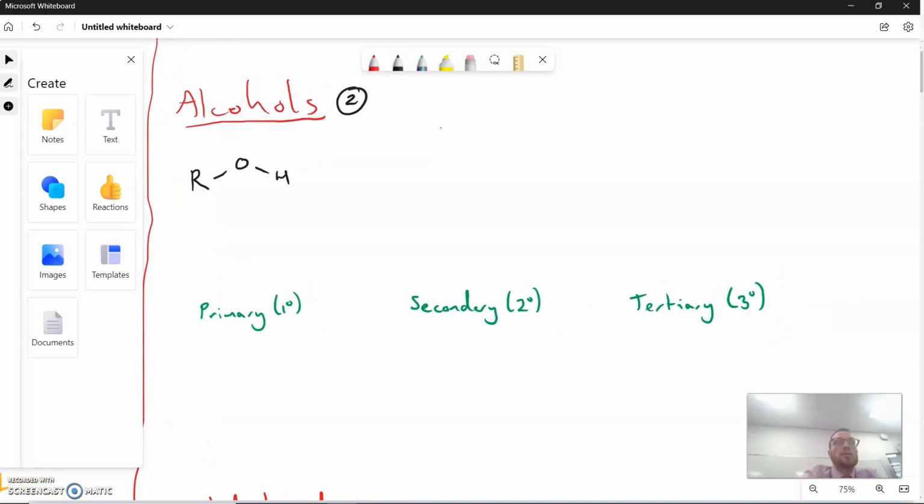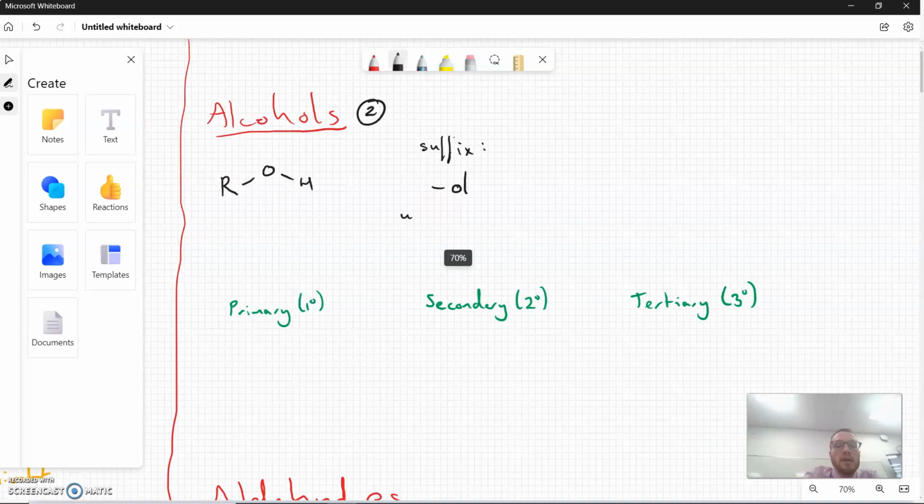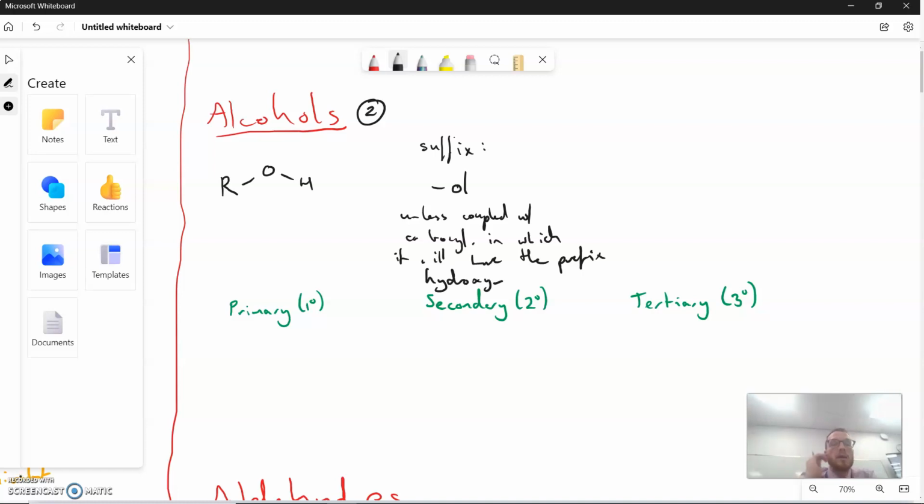In terms of its naming, it most commonly will have the suffix -ol, unless coupled with a carboxyl group, in which case it will have the prefix hydroxy, yeah?